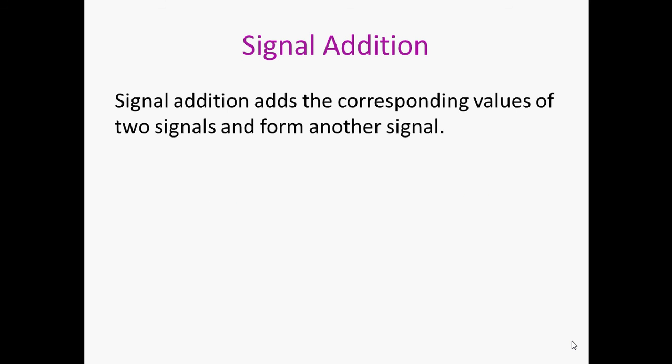Signal addition. Signal addition adds the corresponding values of two signals and forms another signal. For example, if x1 of n and x2 of n are the two signals, y of n is the third signal, which is obtained by adding the corresponding values of x1 of n and x2 of n.